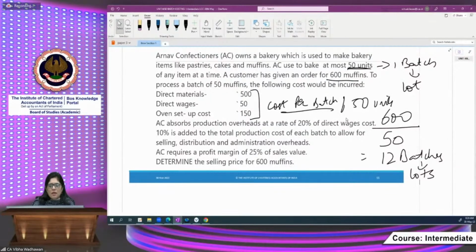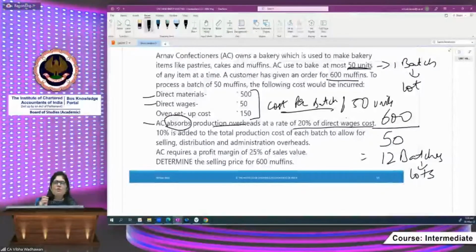Clear? It absorbs production overheads at the rate of 20% of direct wages cost. See, in every question you will find the different elements of cost. You will have material, you will have labor, you will have overheads, and overheads are absorbed. So material cost is there, wages is there, setup cost is there, and you can absorb production overheads at 20% of direct wages cost. 10% is added to total production cost of each batch to allow for selling, distribution, and administration.